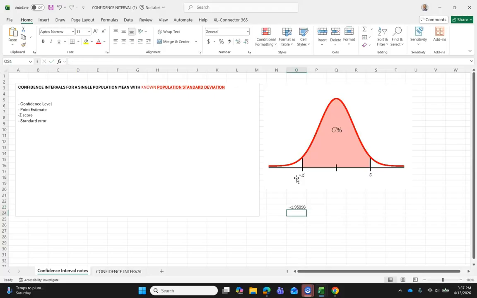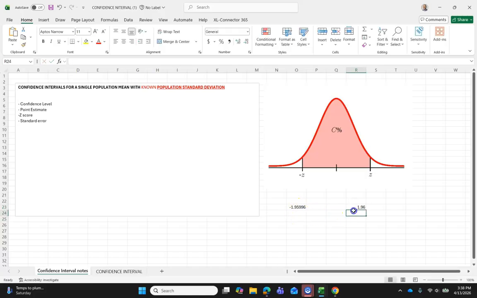And in this case, we can find this z here, which is minus 1.96, and you can see it is negative. But also, since this area is the same as this one, we can make this z value positive, because it's on the right side. So it can be 1.96.